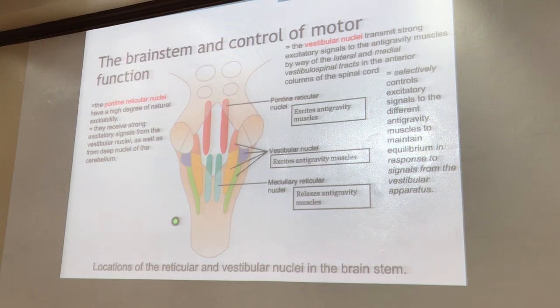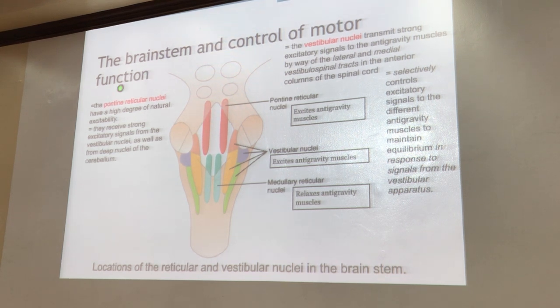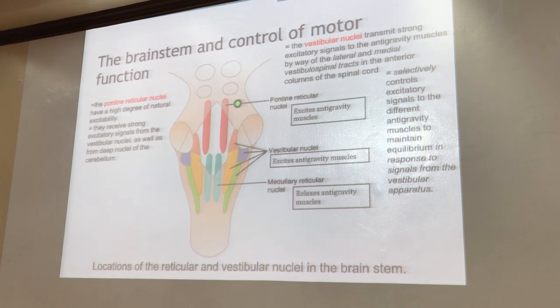So, how does the brainstem function in the control of motor function? Okay? So there is one area of the brainstem, the reticular nuclei that are found at the level of the pons, on both sides yan.